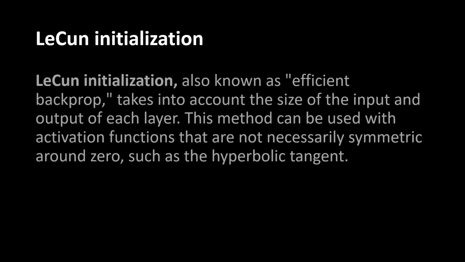Then up next is LeCun initialization. It is also known as the efficient backprop technique. This takes into account the size of the input and the output layer also. This method can be used with activation functions that are not symmetric around zero, which can be hyperbolic tangent activation functions.